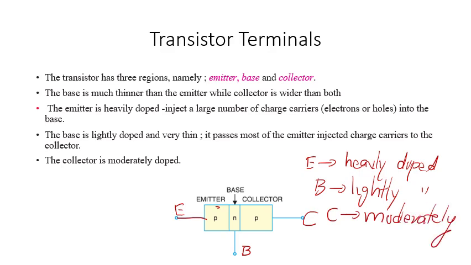Why are the doping levels such that the emitter is heavily doped, the base is lightly doped, and the collector is moderately doped?